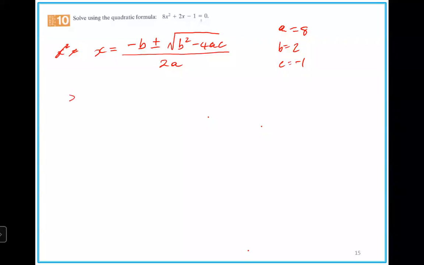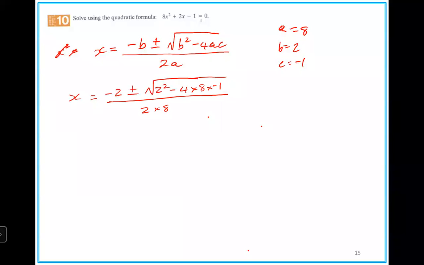When I substituted, I got -2 plus or minus the square root of 2 squared minus 4 multiplied by 8 multiplied by -1, over 2 multiplied by 8.